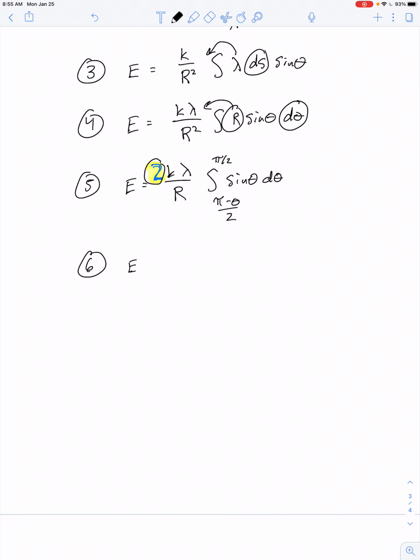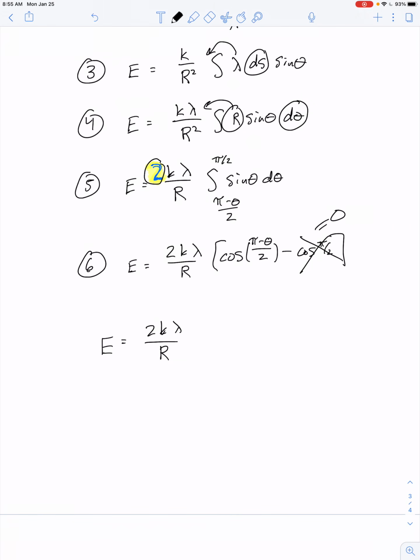So this means our electric field is 2k lambda over r times cosine of pi minus theta over 2 minus cosine of pi over 2. But of course, cosine of pi over 2 is equal to 0. So we have our final result, 2k lambda over r cosine of pi minus theta over 2.